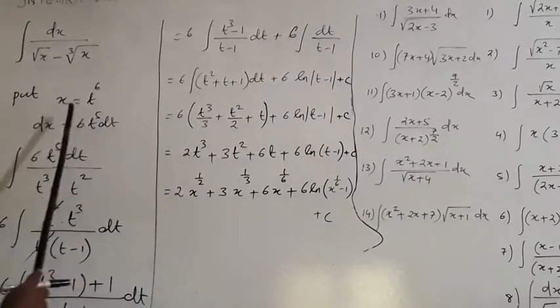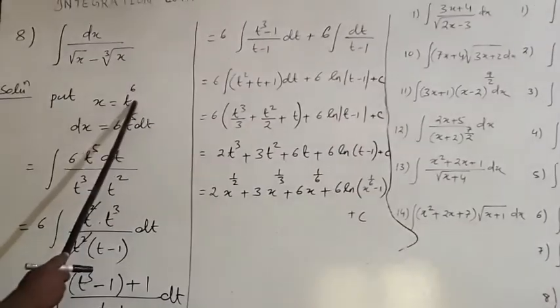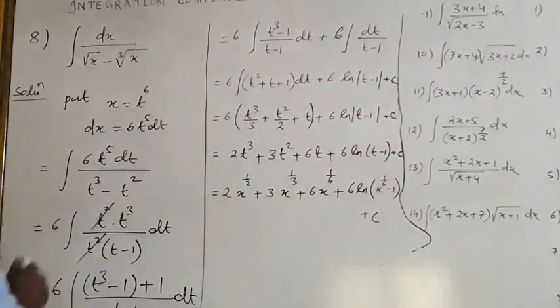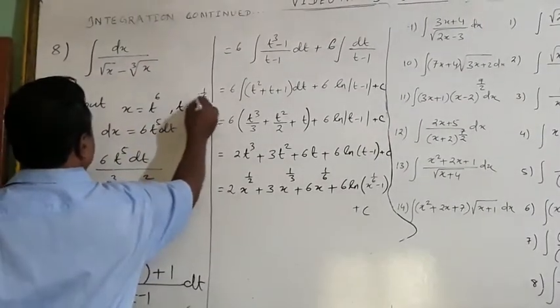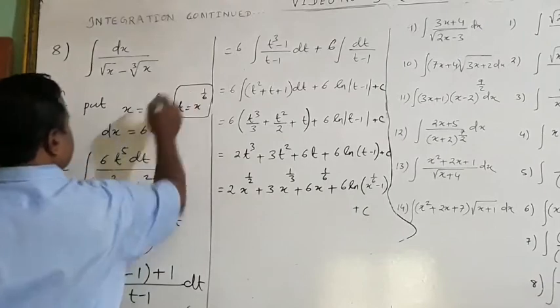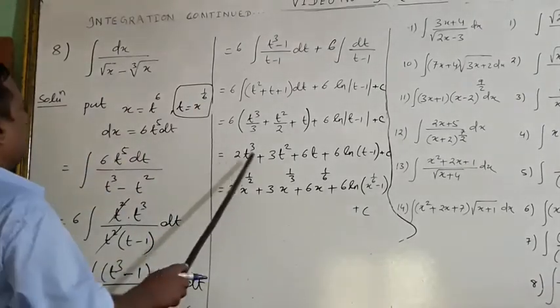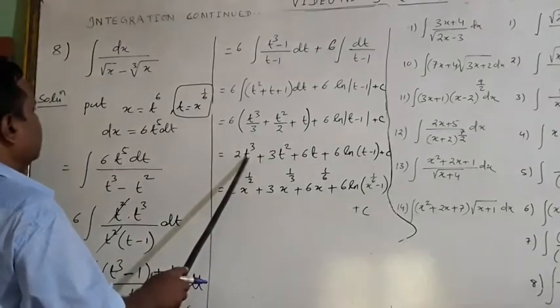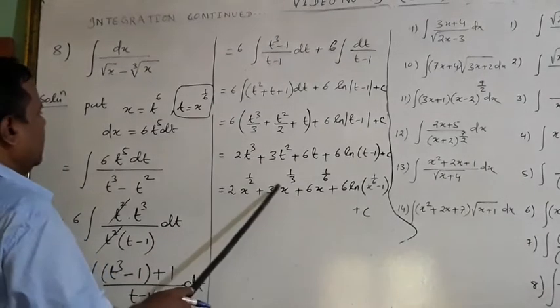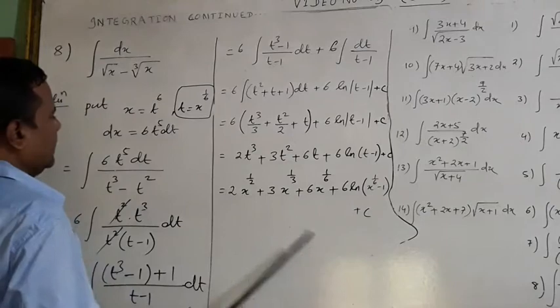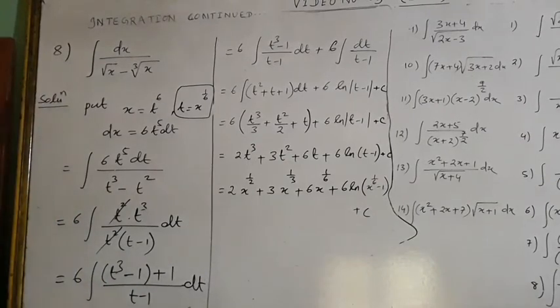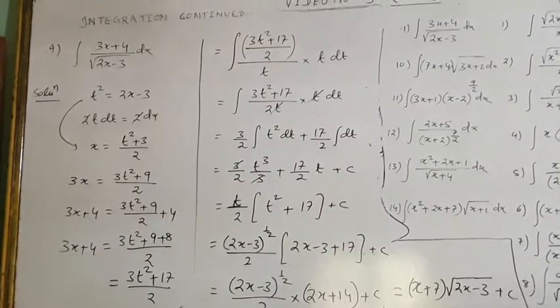So in place of t, put x to the power 1/6, because t is x to the power 1/6. In all these places, put t = x^(1/6): (1/6) cube, (1/2)(1/6) square, (1/3)(1/6), and this is your answer, number 8.